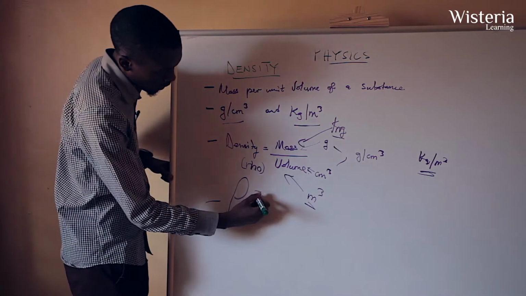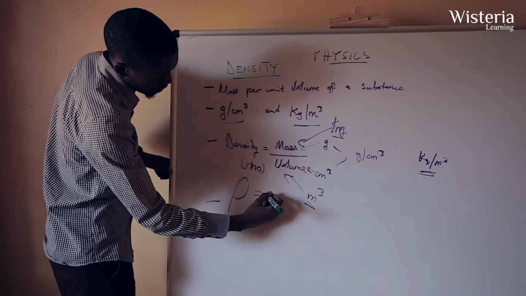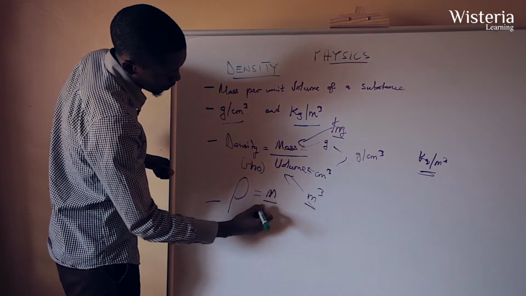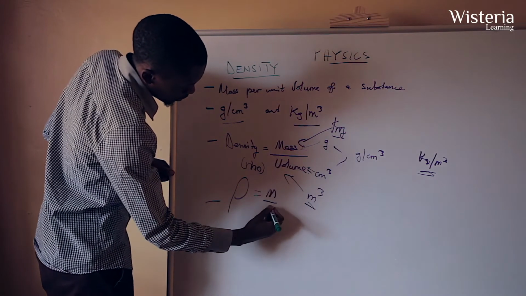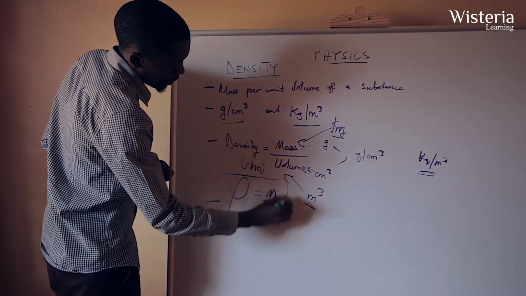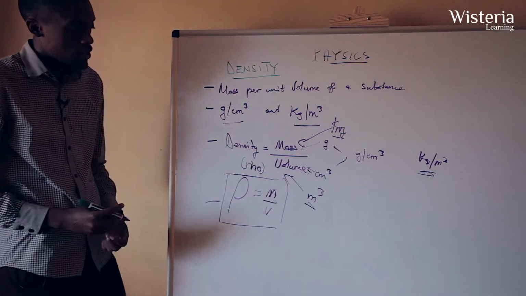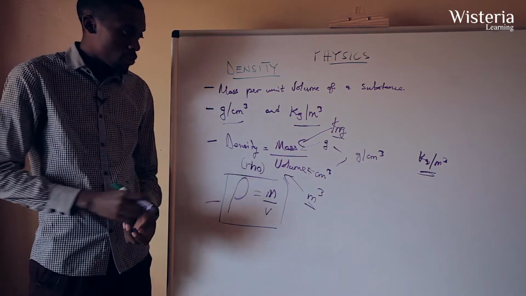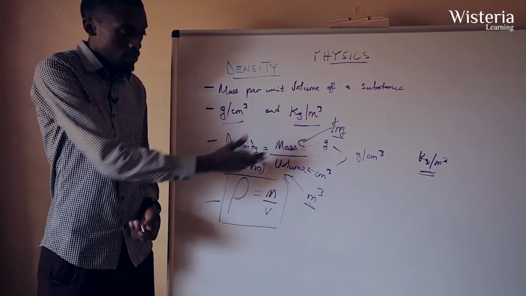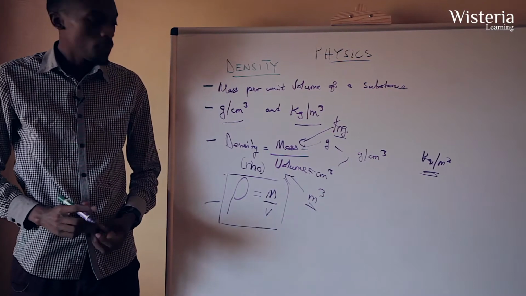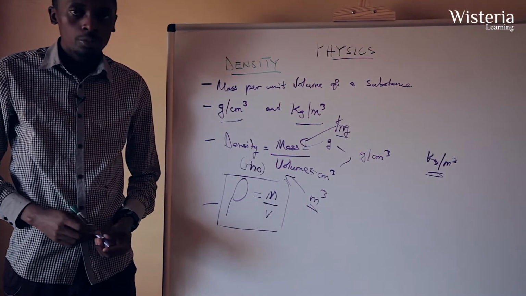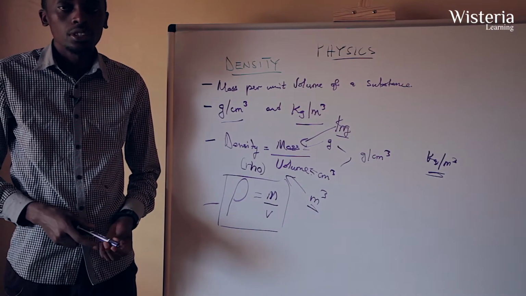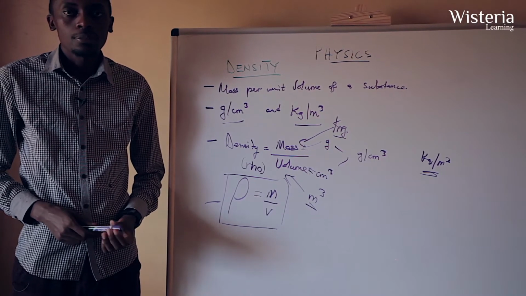And for mass, you write small letter m, and for volume, you simply write small letter v. So this is the symbol method for the words density, mass, and volume. So in our next part, we will be looking at how to determine density of the substance.